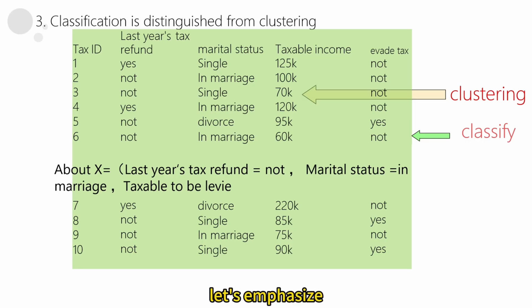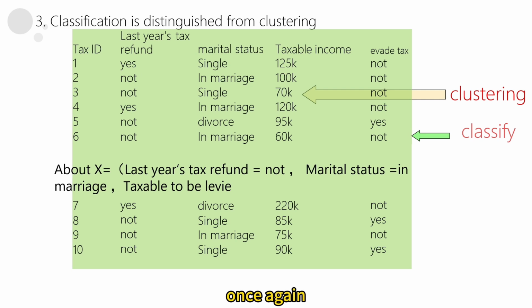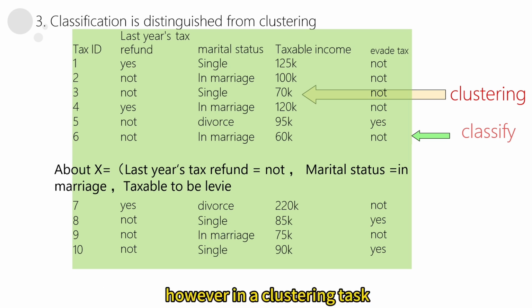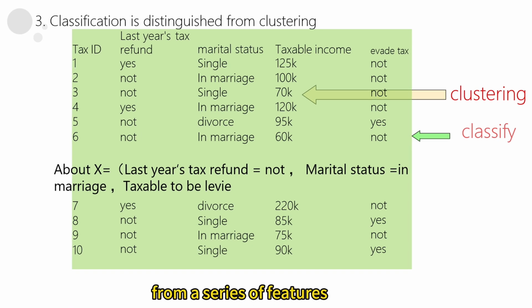Let's emphasize the distinctions between classification and clustering once again. In classification tasks, there are labels that serve as a mapping between features and targets. However, in a clustering task, labels are absent, and our focus is solely on learning underlying patterns from a series of features.